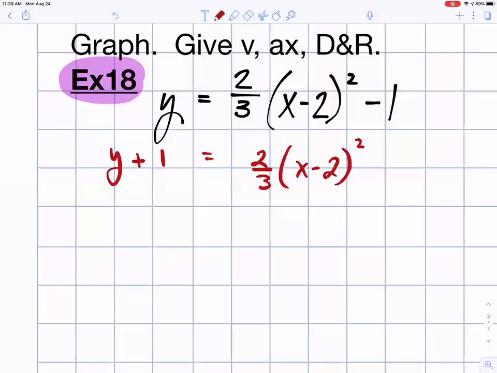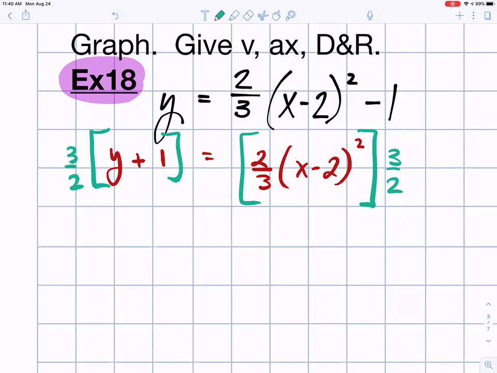And then what gets moved next? The 2/3. And what's the best way to move that 2/3? Multiplied by the reciprocal. So let's multiply by 3/2 on both sides. Because if I multiply by the reciprocal, my 3's and my 2's all cancel. All right, so that's gonna leave me with just my x minus 2 quantity squared.